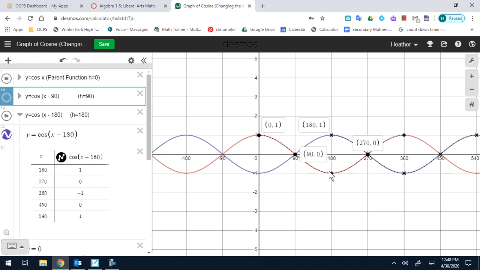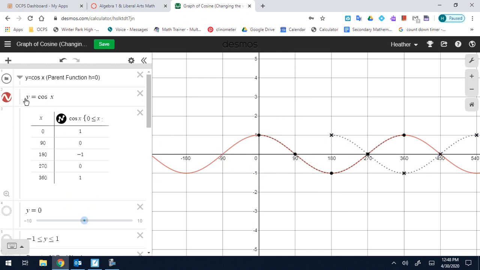And then 180, -1 goes over 180 degrees to 360, -1. So let's again just restrict it to where I'm looking at just that one cycle. This moved over 180 degrees. Okay?